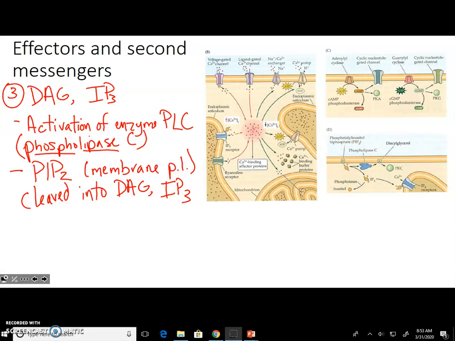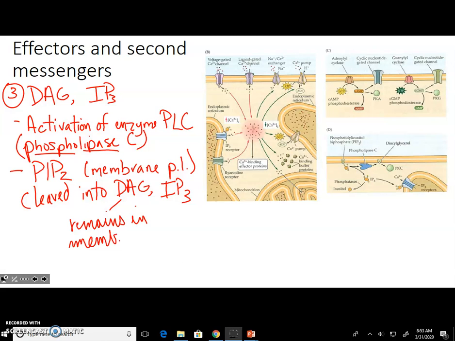The remainder of the PIP2, that's the diacylglycerol. This portion sticks in the membrane. Okay, so DAG remains in the membrane, whereas IP3 is liberated from the membrane.